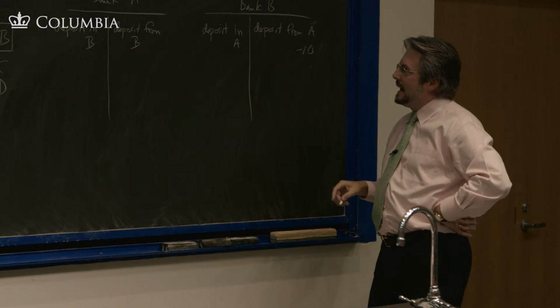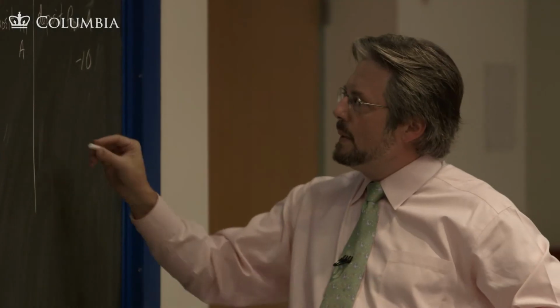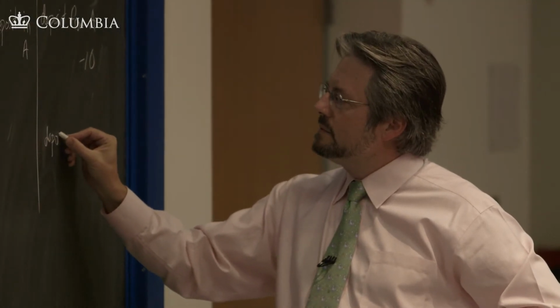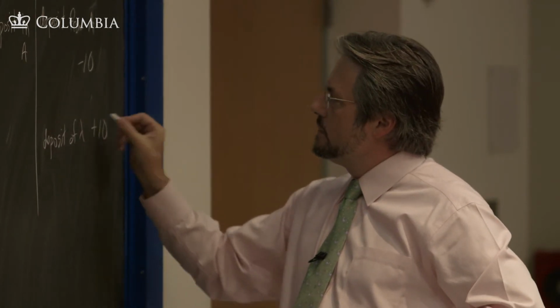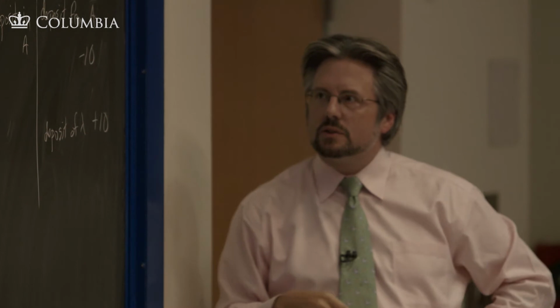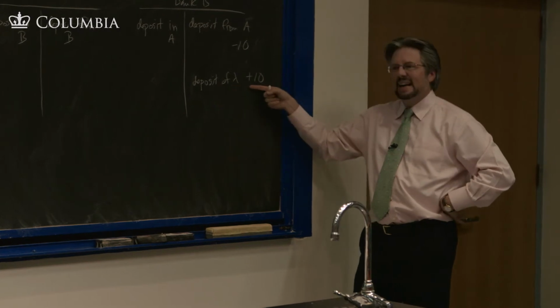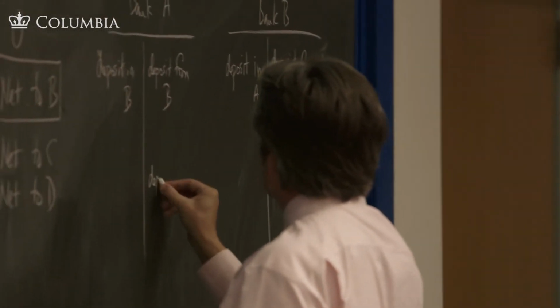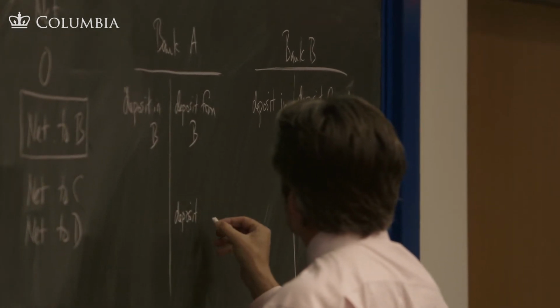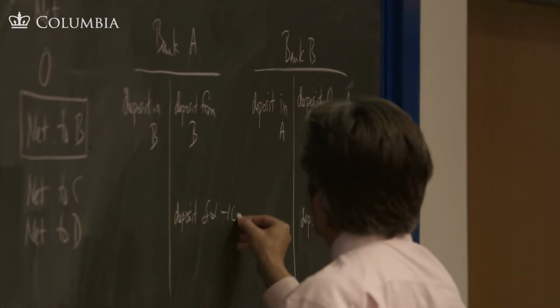And here's the deposit of lambda. To transfer $10 from alpha to lambda, it just involves crediting lambda's account here and debiting alpha's account here.